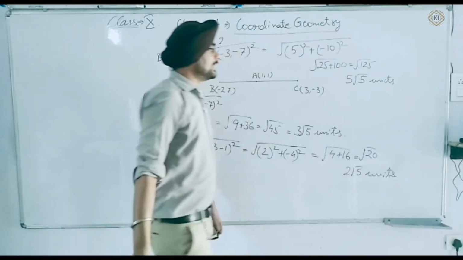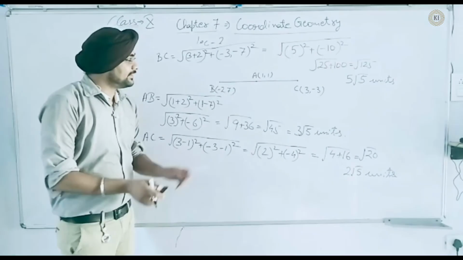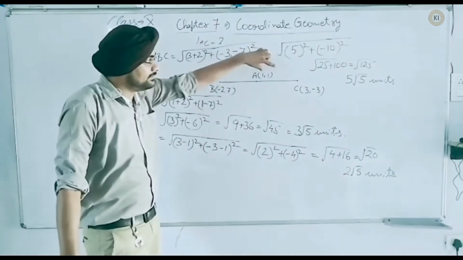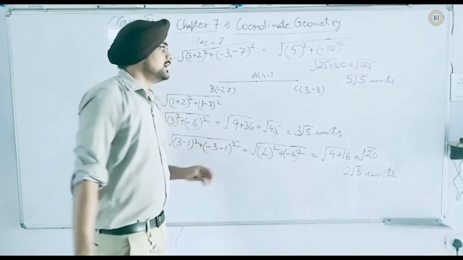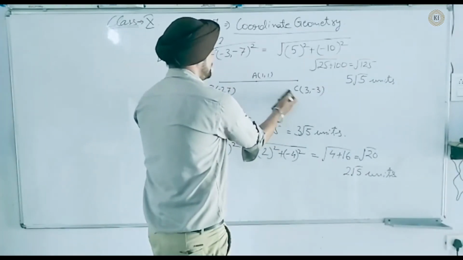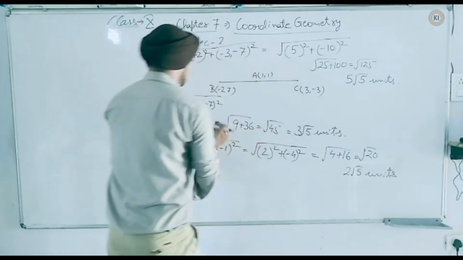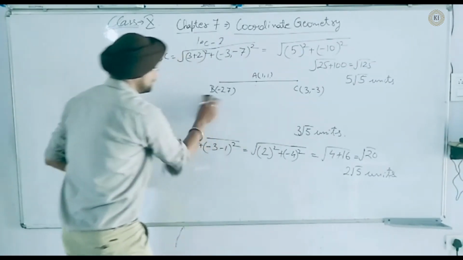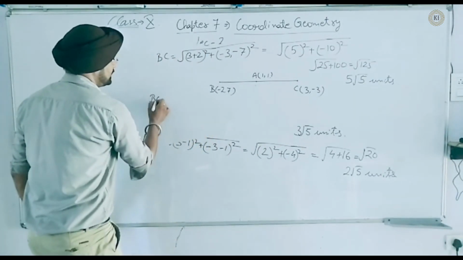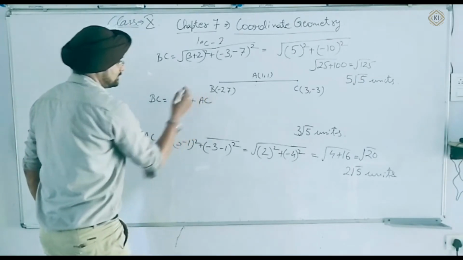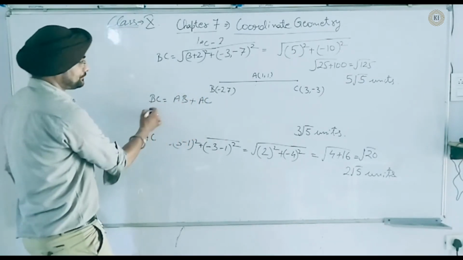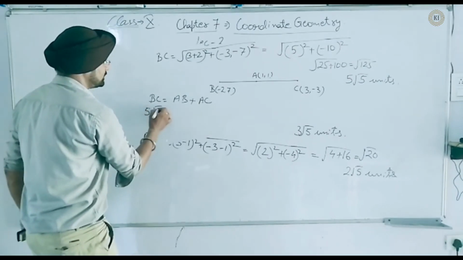Now to prove that the points are collinear, we have taken out the value AB, then the value AC, and the value BC. Now BC is AB plus AC. So the value of BC is 5 root 5 units.